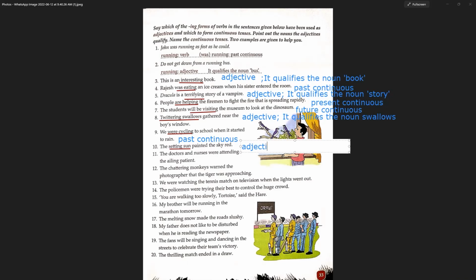Setting, right? The sun sets, okay? Setting sun is an adjective, right? And so what does the word setting do there?